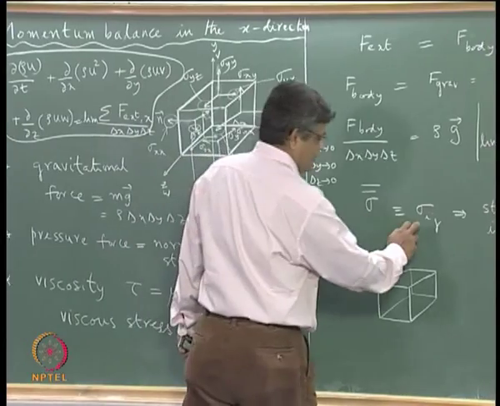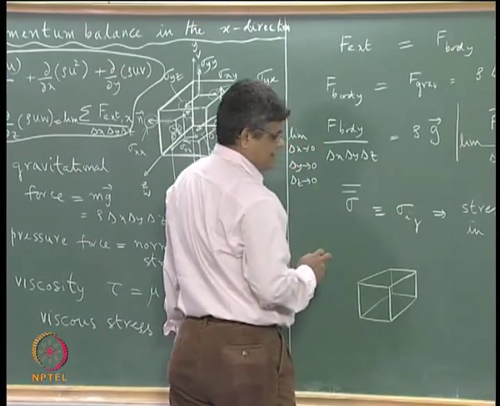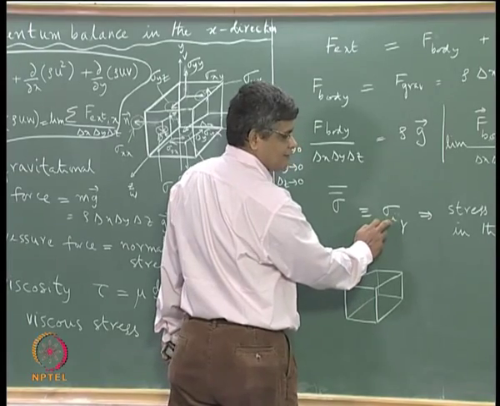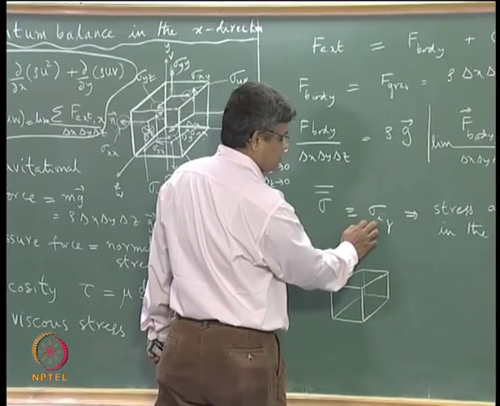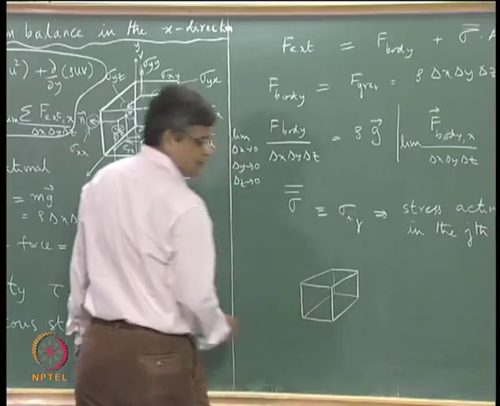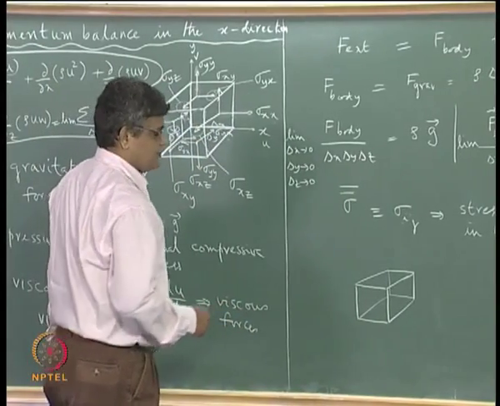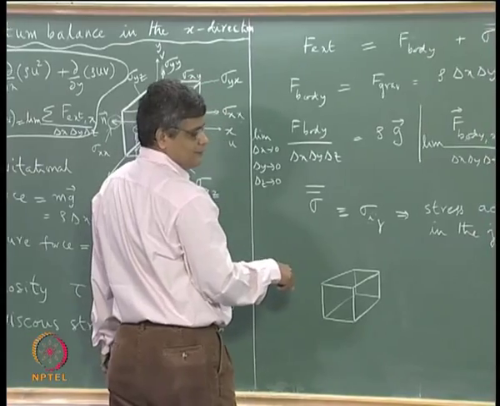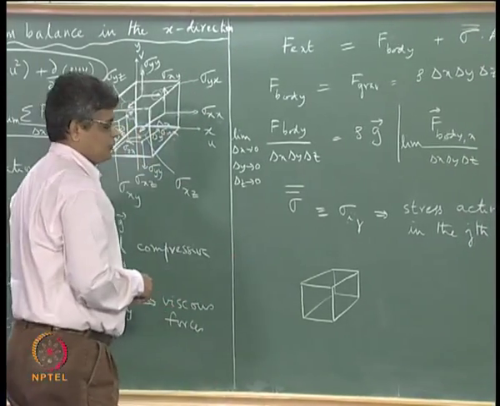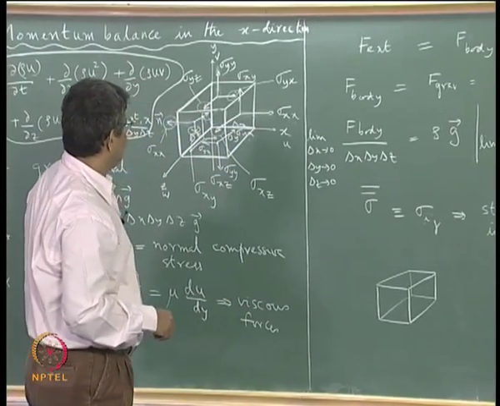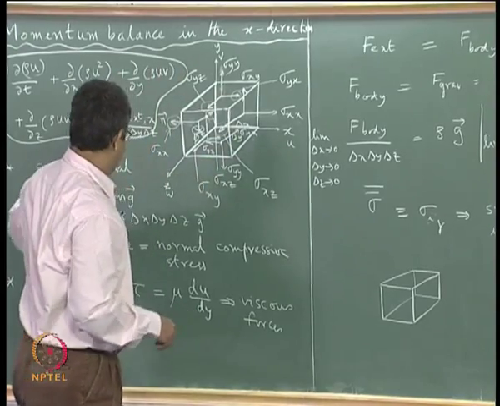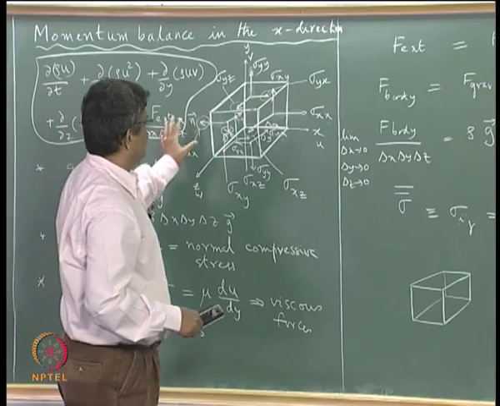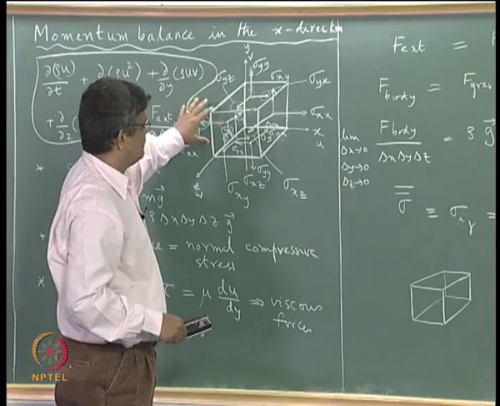The notation sigma ij has a convention that i indicates the outward normal vector of the surface on which the stress is acting, and j indicates the direction in which that particular stress component is supposed to act.